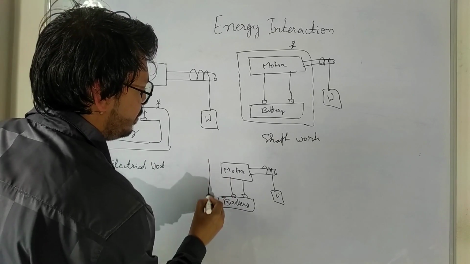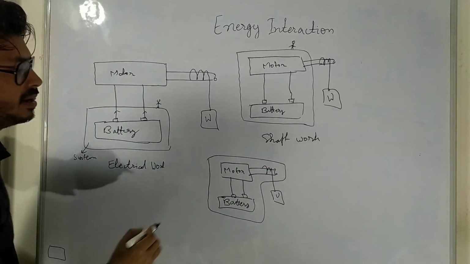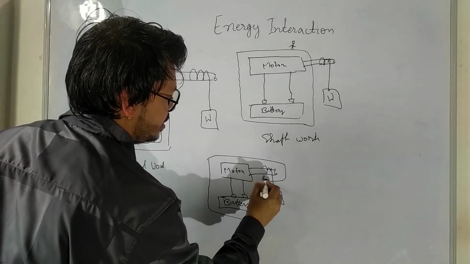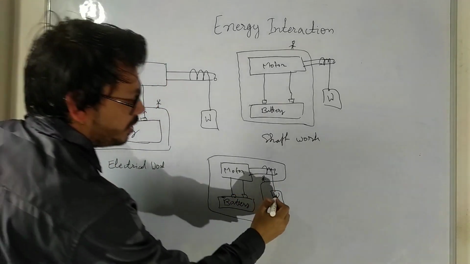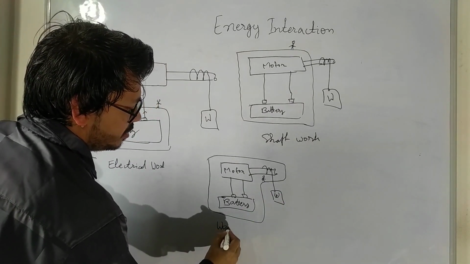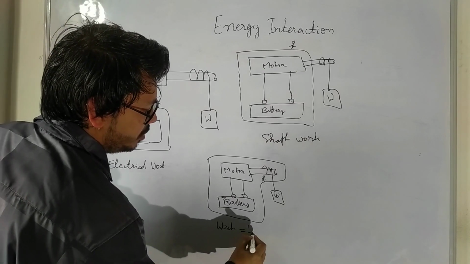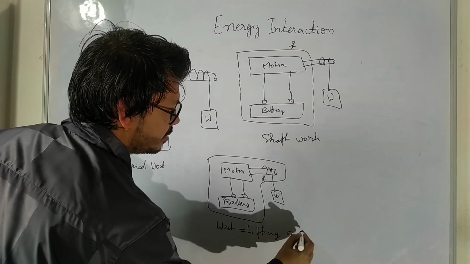Now if we make this as our system and put somebody here, then what will he see? He will see the lifting of weight. So here the work done is the lifting of weight.